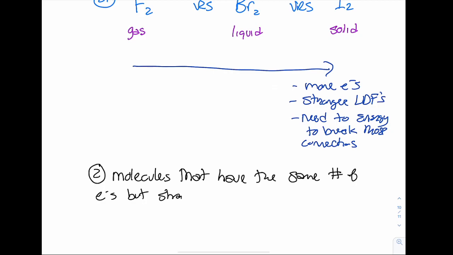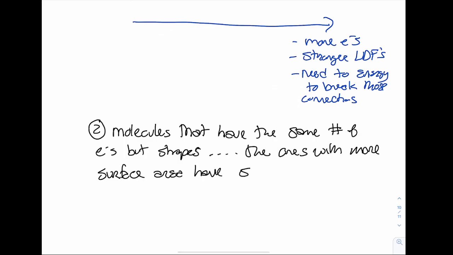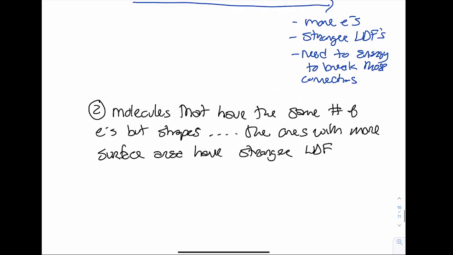So these would be isomers. The ones with more surface area have stronger London dispersion forces. So more surface area, we could say they're more spread out.